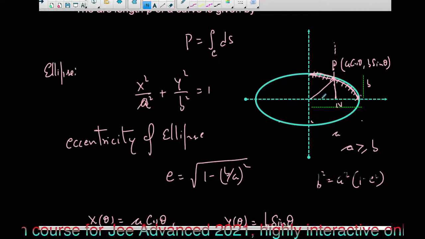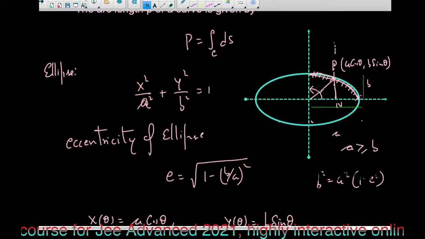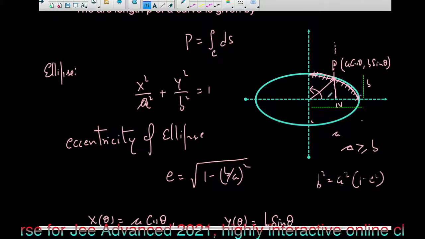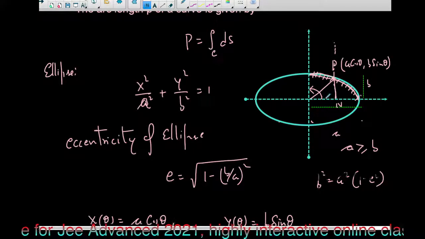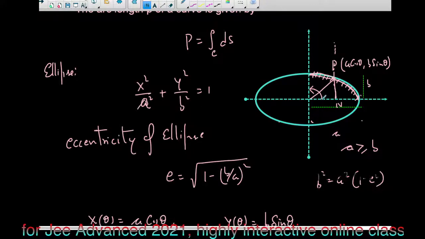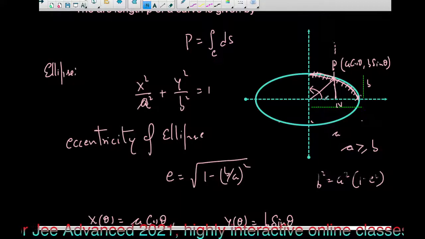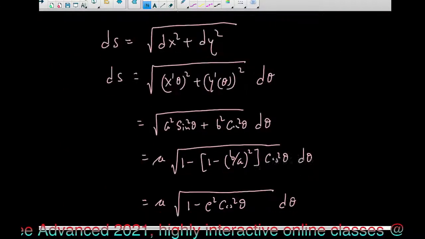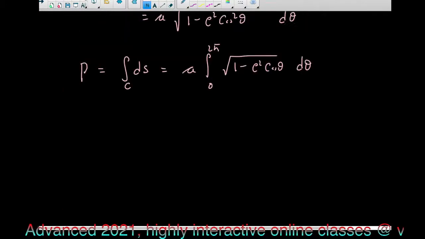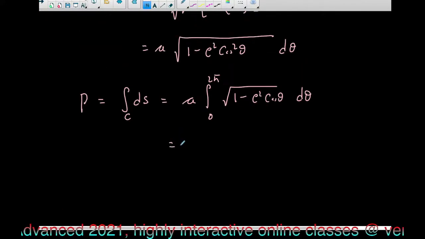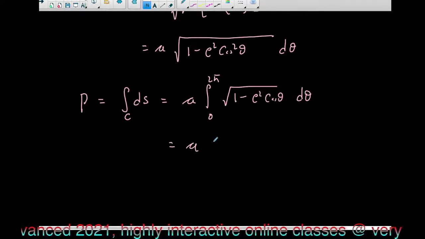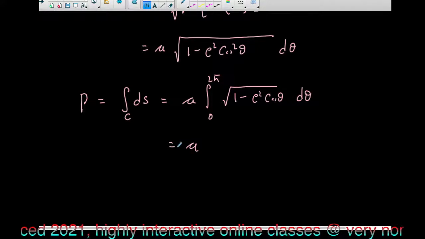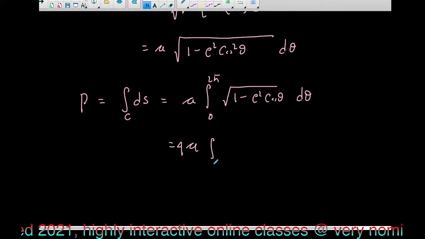So when we go for the integral from 0 to pi by 2, meaning 90 degrees, we recall this part, and when we go for 0 to 2 pi, we recall the entire curve. So by symmetry, the integral from 0 to 2 pi is 4 times the integral from 0 to pi by 2.